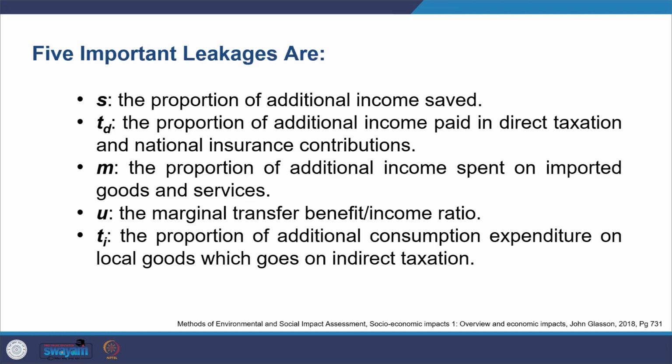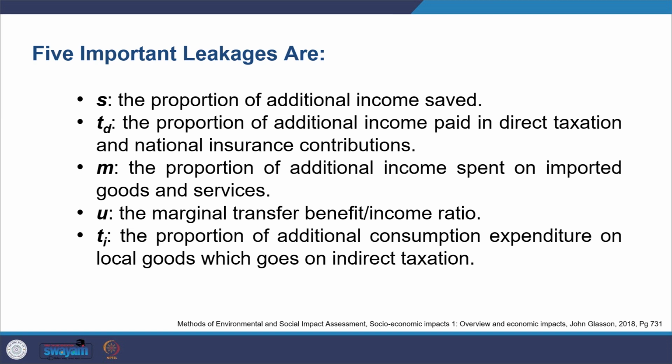There are certain types of leakages. The proportion of additional income saved, so people will not really spend, they might save. Then the proportion of additional income paid in direct taxation, as taxation would increase. The proportion of additional income spent on imported goods, as they might not buy things from the local economy but get imported goods.